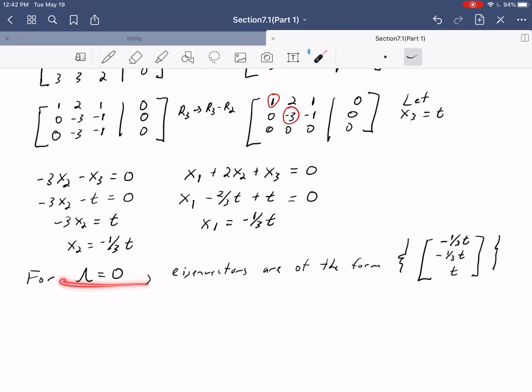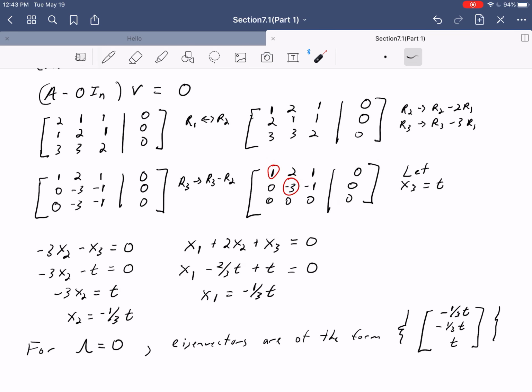So for our first eigenvalue of 0, the eigenvectors are of this form. Notice that there are an infinite collection of eigenvectors, but they are all of this form. In section 7.2, we will define the concept of the eigenspace, because this actually is a vector space, and in this case we would see that the eigenspace, the collection of all the eigenvectors, would be dimension 1 because we had one free parameter here.